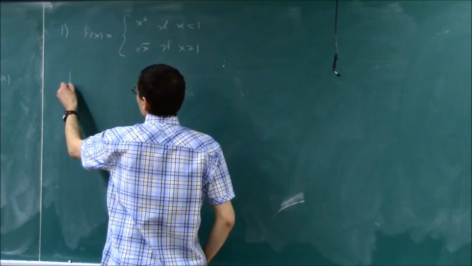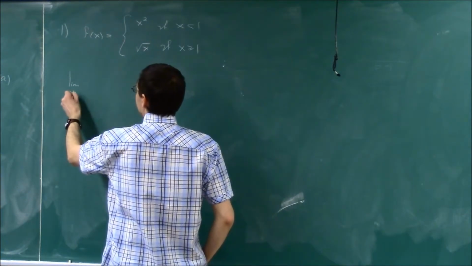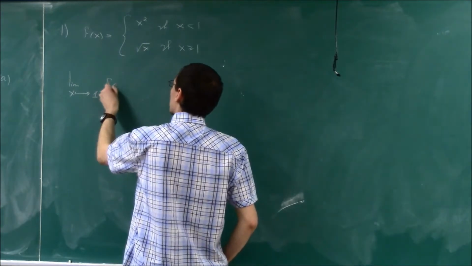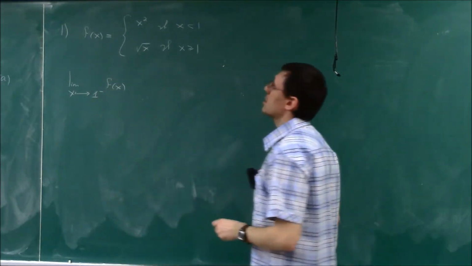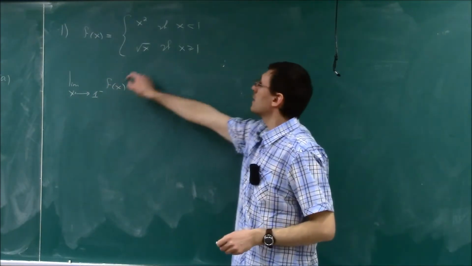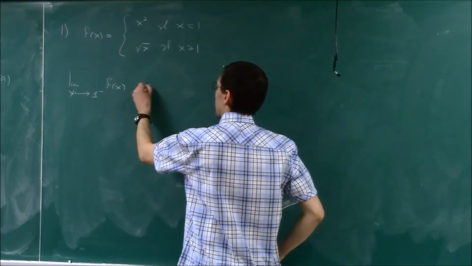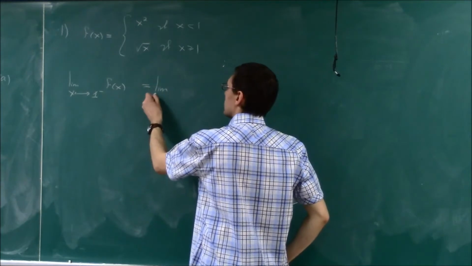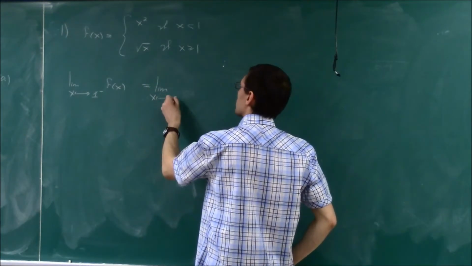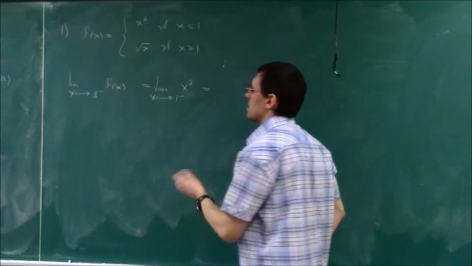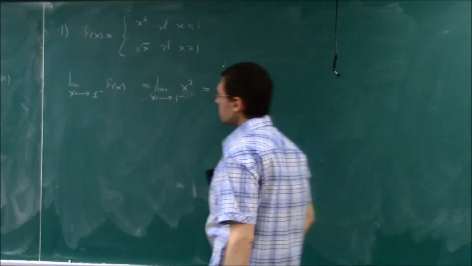So I will need to consider limit as x goes to 1 minus of f of x. Now if I approach from the left of 1, I am approaching along the formula x squared. So I have here limit as x goes to 1 minus of x squared, which is clearly equal to 1.